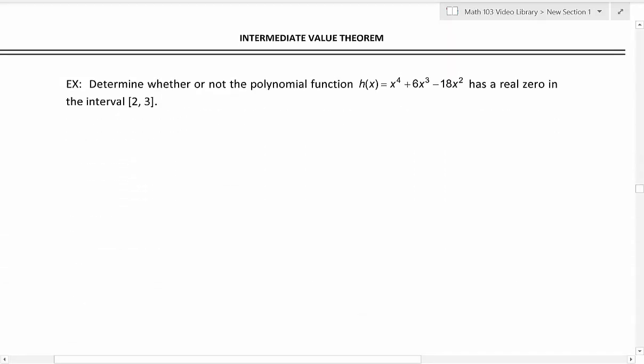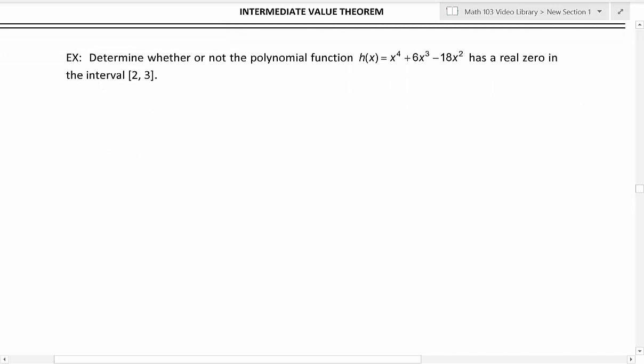So let's use the intermediate value theorem to determine whether or not the polynomial function h(x) equals x to the fourth plus 6x to the third minus 18x squared has a real 0 in the interval [2, 3]. All we need to do is find h(2), h(3), and then compare them. If they have opposite signs, then yes, there's a real 0 in between.